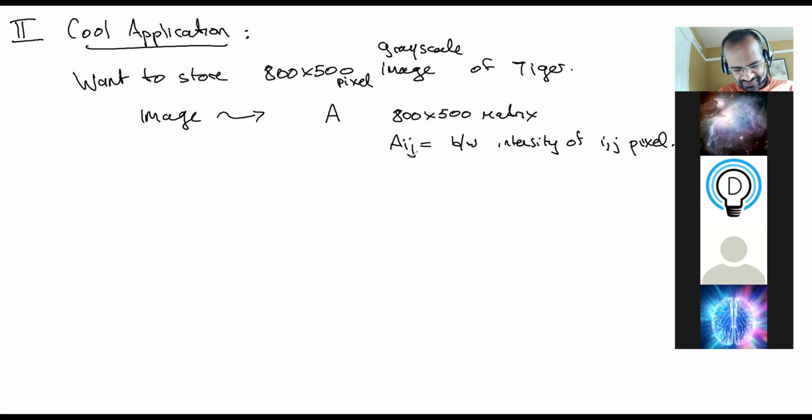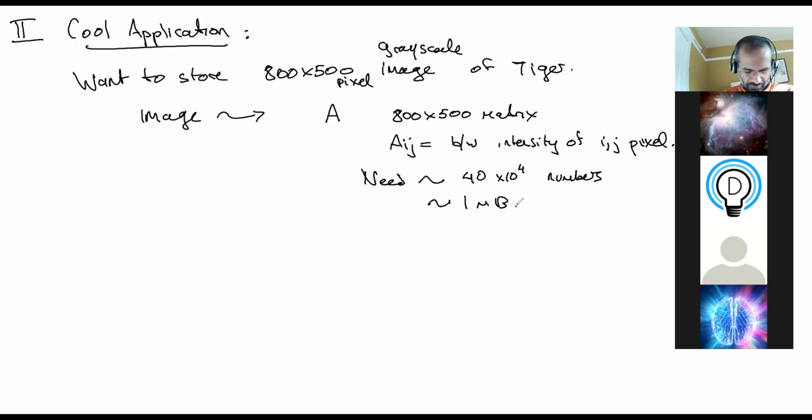And so to store this, how many numbers do I need? Well, let's multiply this. I need 40 times 10 to the 4 numbers, which is, well, I don't know if you want to do bits or bytes. I think this is about 1 megabyte. I don't know. So it's several hundred kilobytes, right? If you just want to write down these numbers, that's how much space it takes.